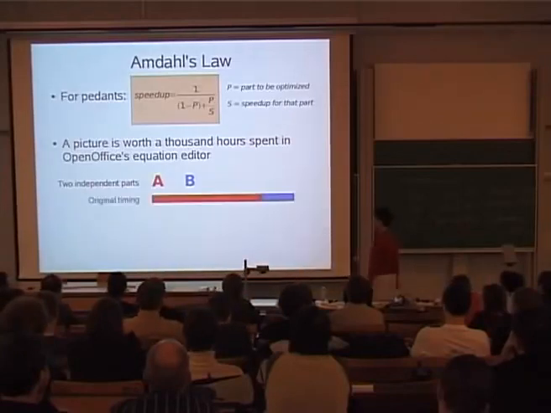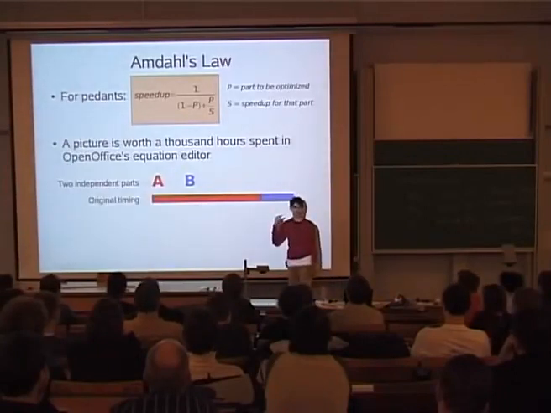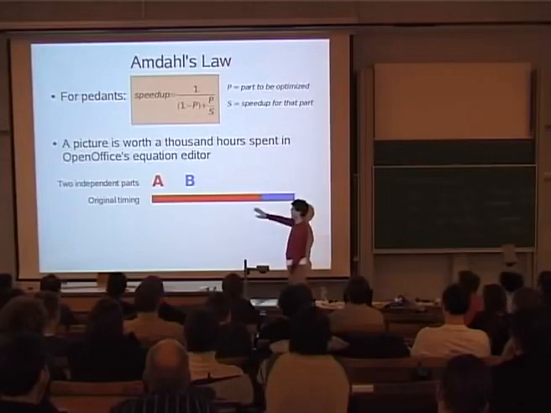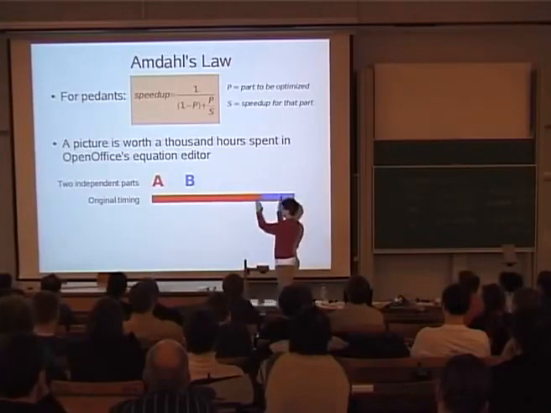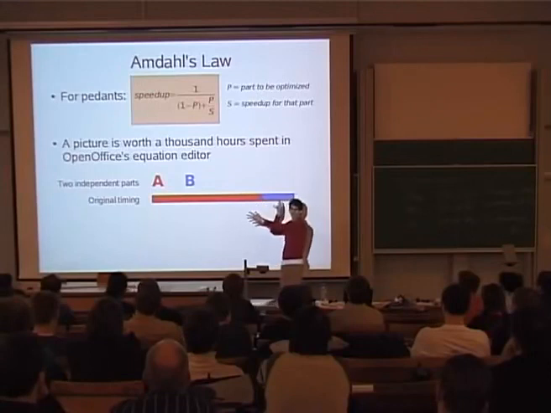So if you had taken your timings, instead of just doing it by intuition, you would have seen that part A takes this much time, and part B takes this much time. It doesn't matter if the parts are not big, nice, contiguous chunks.